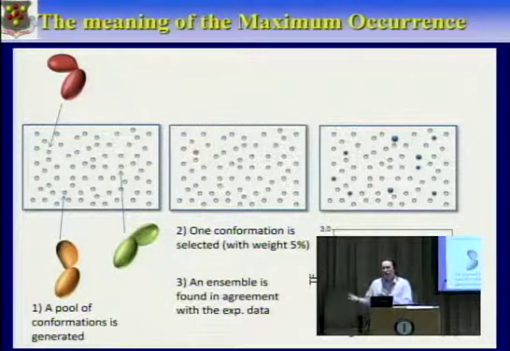All the purpose is to investigate the flexibility, so we know that the system is flexible. It doesn't make sense to try and represent it as one conformation, but we just need to do this averaging. And this is very well documented in the literature, where people have developed different averaging or ensemble building strategies to do this sort of analysis.